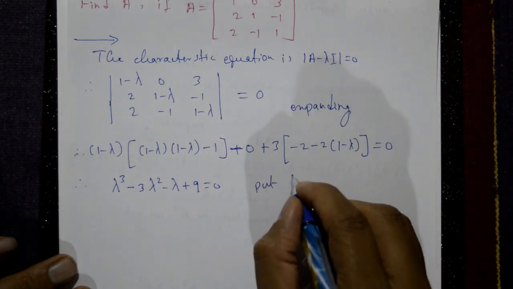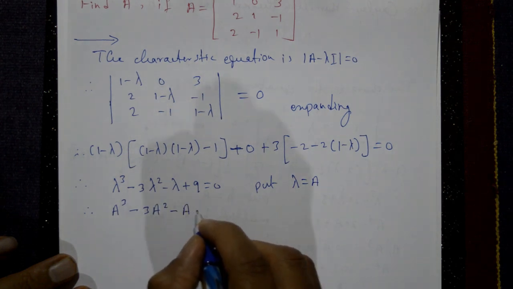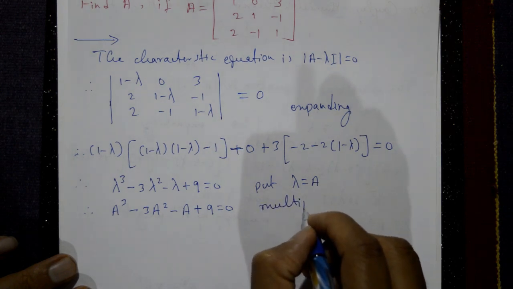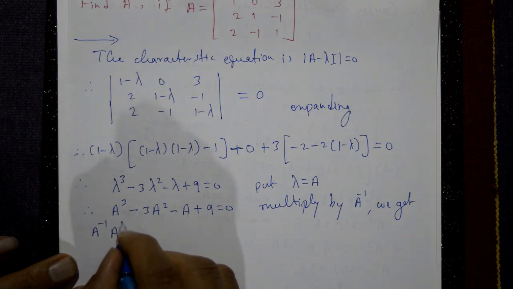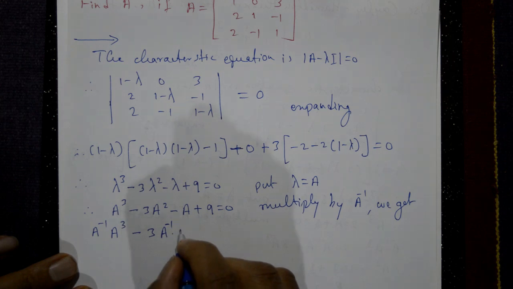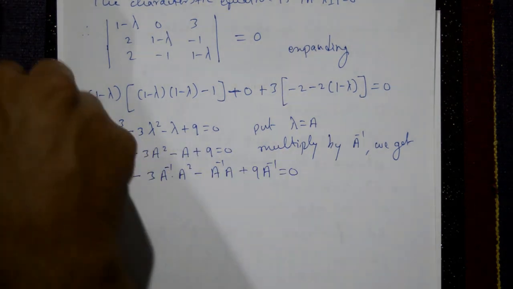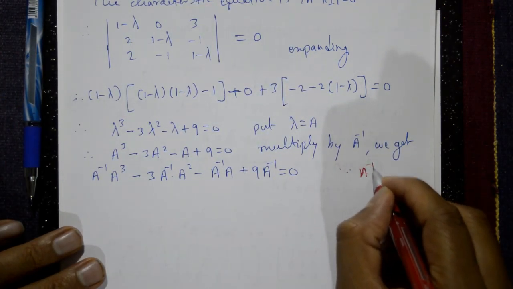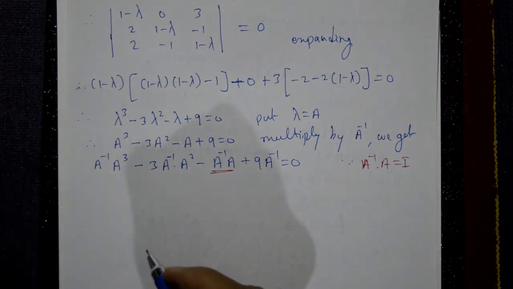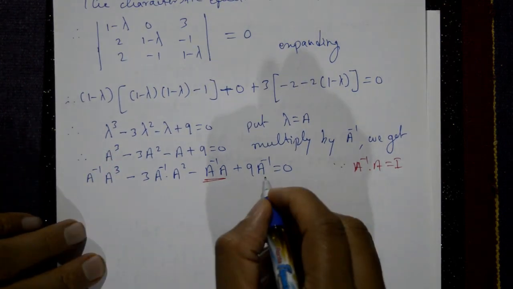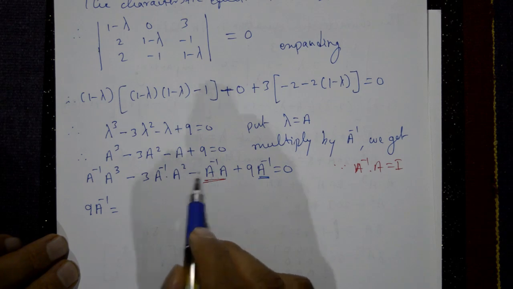By the Cayley-Hamilton theorem, put lambda equal to A. Therefore A cubed minus 3A squared minus A plus 9 equal to 0, and multiply by the inverse of A. Since A inverse into A equals I, and we require A inverse only, this part is required: 9A inverse equal to, shifting to the right-hand side, the negatives become positive.